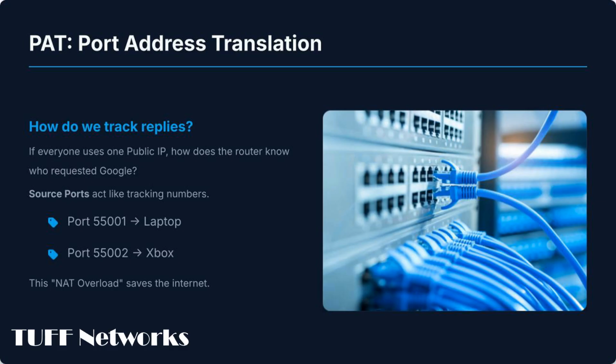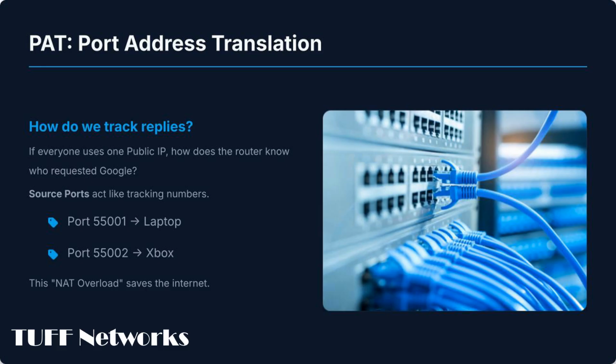That conversation belongs to internal IP 192.168.1.10. When the reply comes back from Google, it is addressed to the router's public IP on port 55001. The router looks at its NAT table, sees the match, translates the destination back to 192.168.1.5, and forwards the data to your laptop.